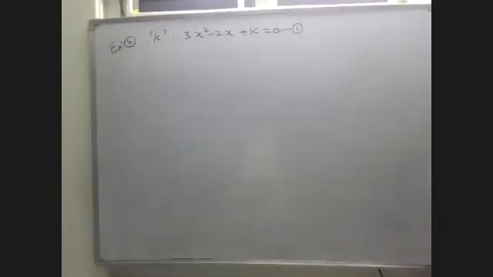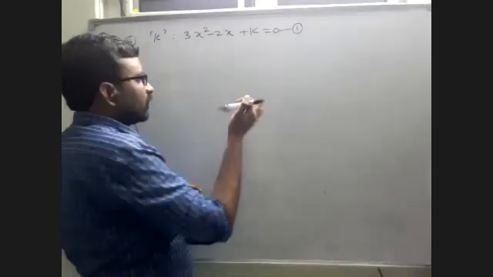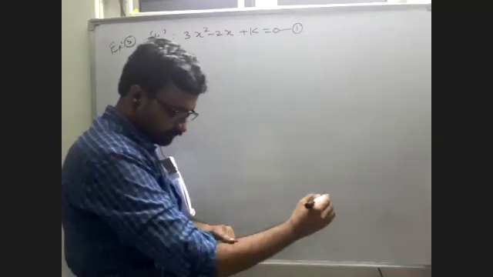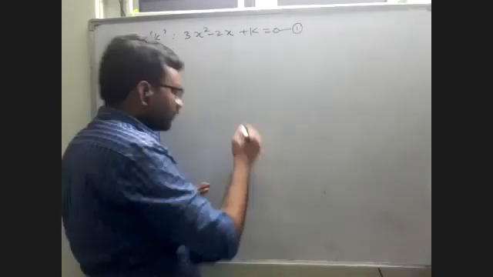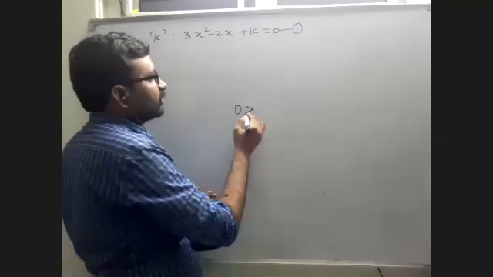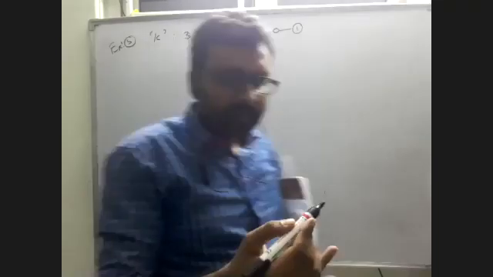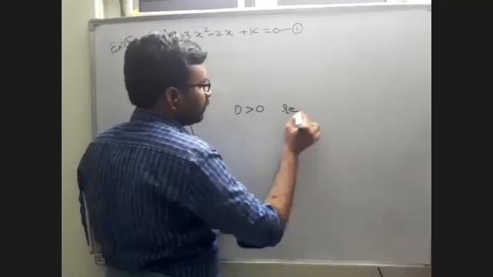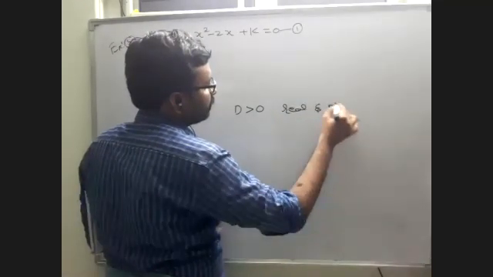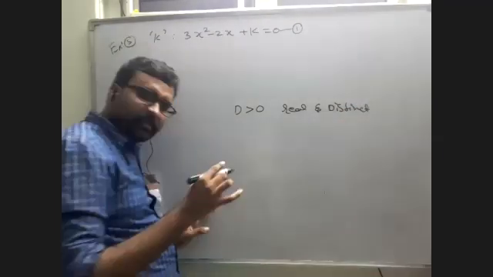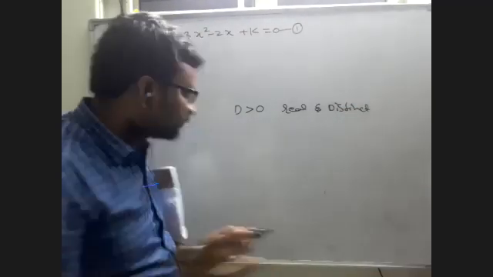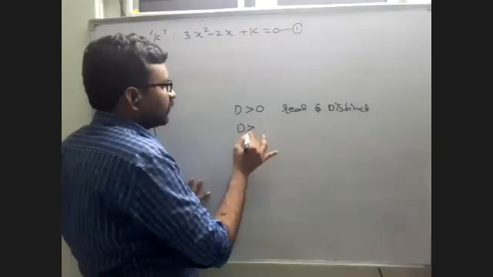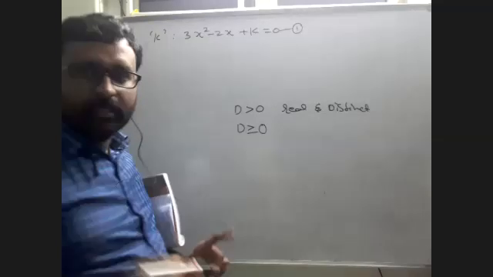Here I want to tell you one thing. We know that if delta is greater than 0, the roots are real and distinct. If I say the roots are only real, then we have to take delta greater than or equal to 0.